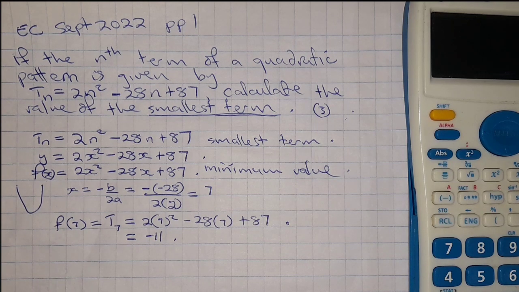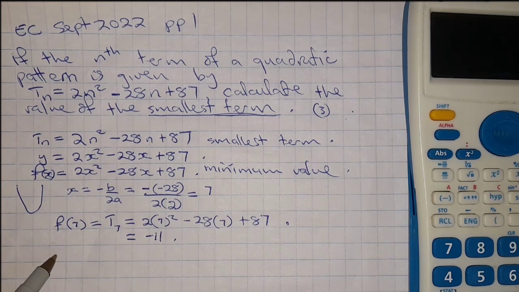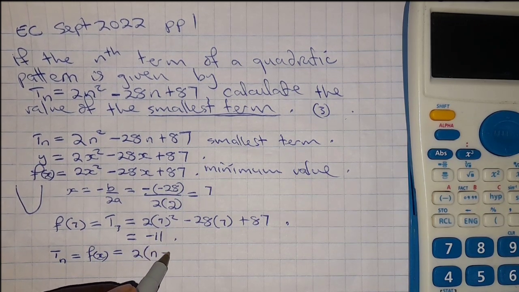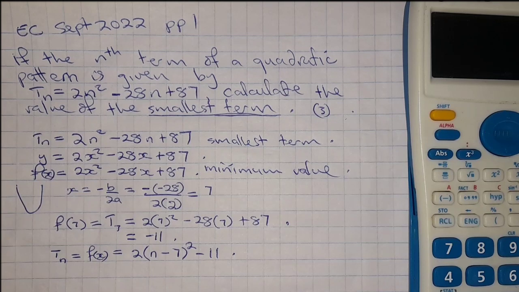So to answer this question, it demanded that you make use of your knowledge of functions. You could also have completed the square on this one to get the value of p and the value of q. So your Tn here, which is equal to your f of x, if you complete the square here, is going to be 2 multiplied by n minus 7 squared minus 11.